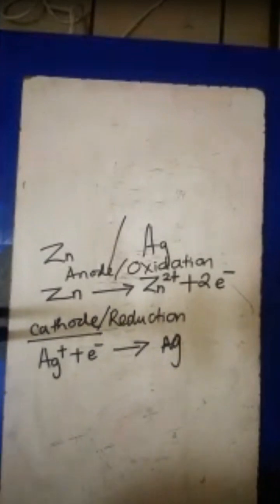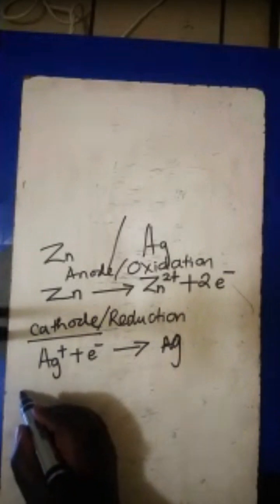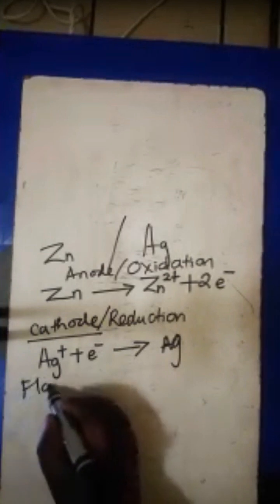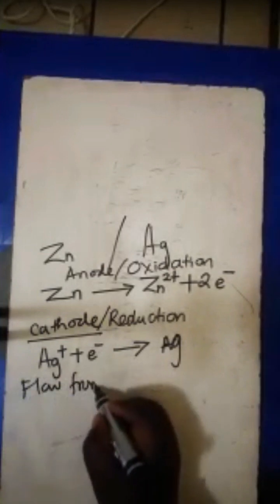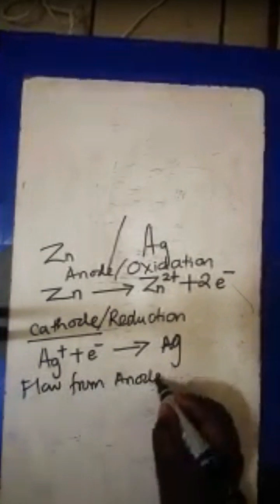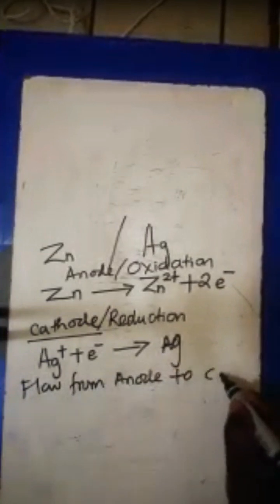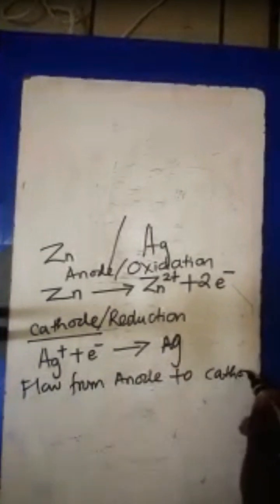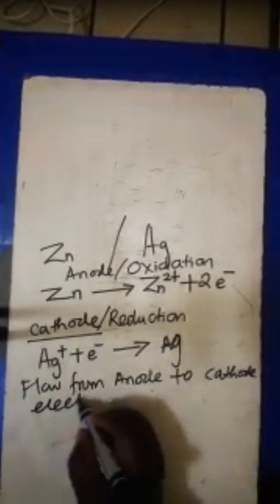Are we all following, colleagues? And always in the exam, electrons in the external circuit flow from anode to cathode. That's why you've got electron flow.